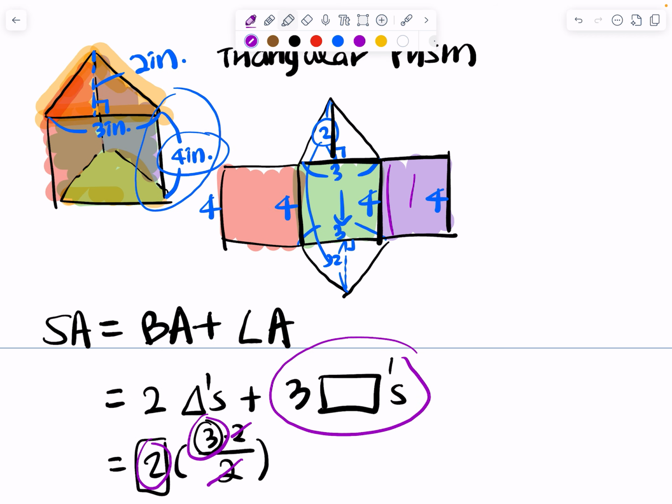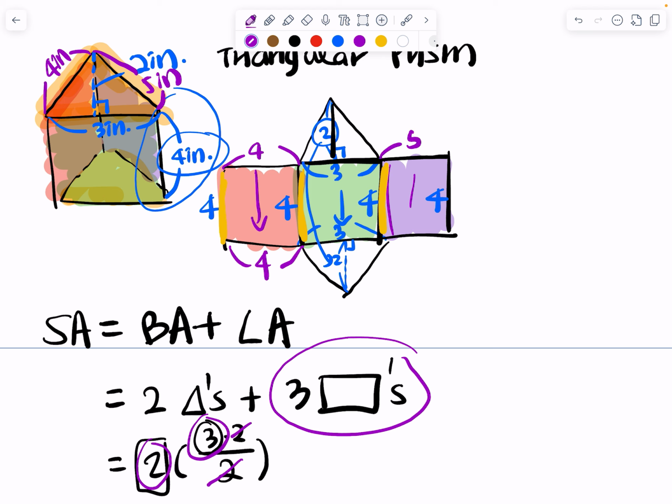Now, if you pay attention, I only know this side of each rectangle, right? So I should have given you guys here, right there, 4 inches, okay? So that means this would have been 4. Matching game, that would have been 4 as well. Get it? And let me make this one 5 inches.